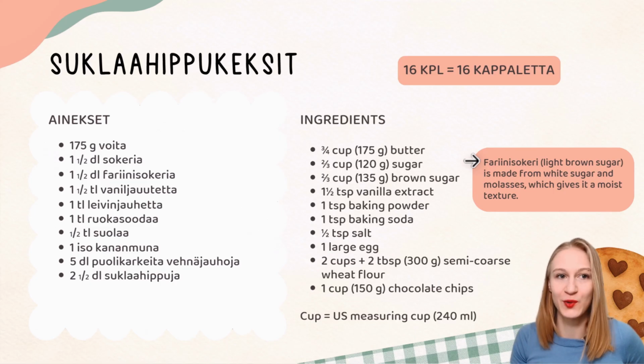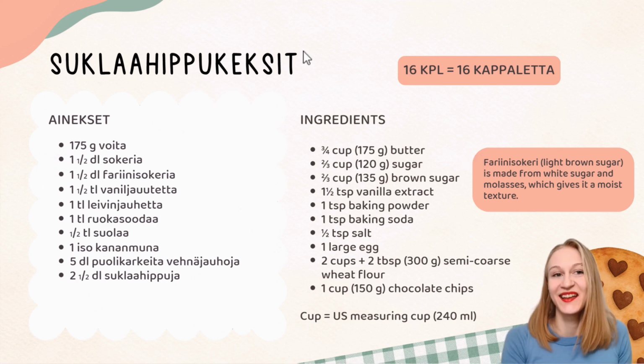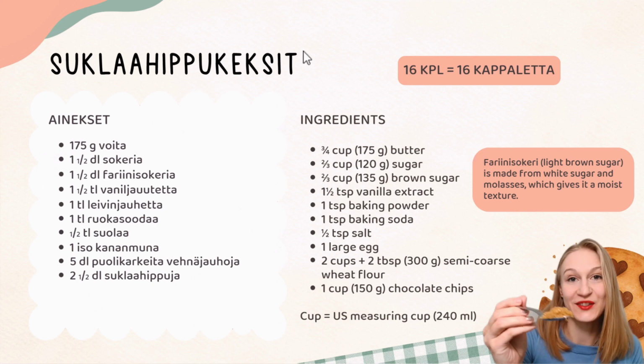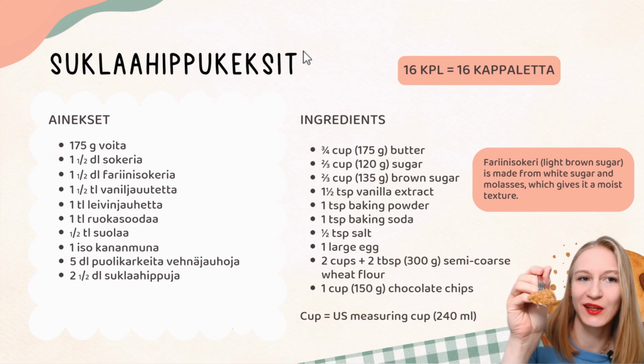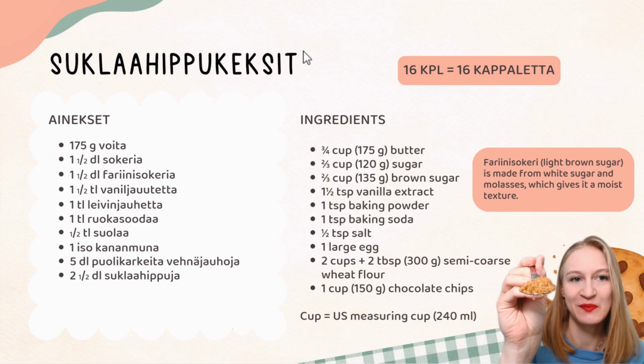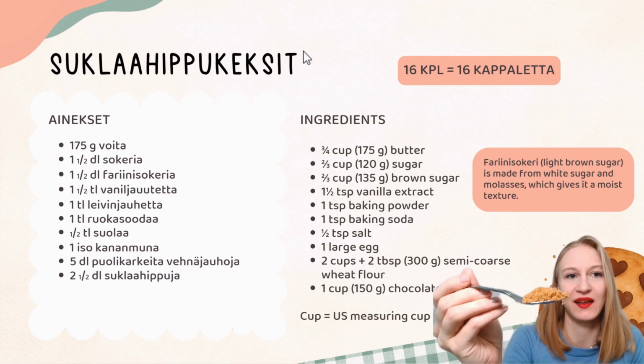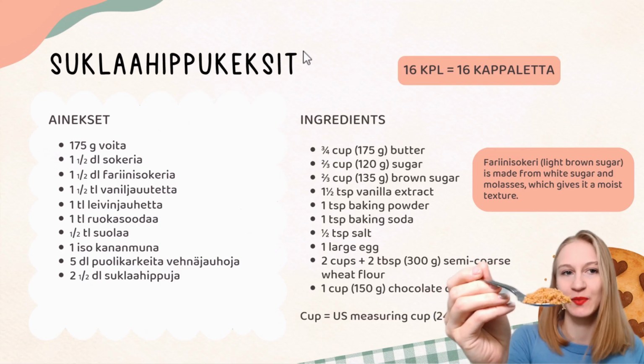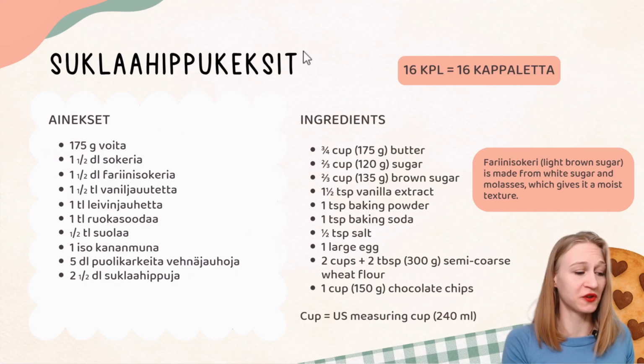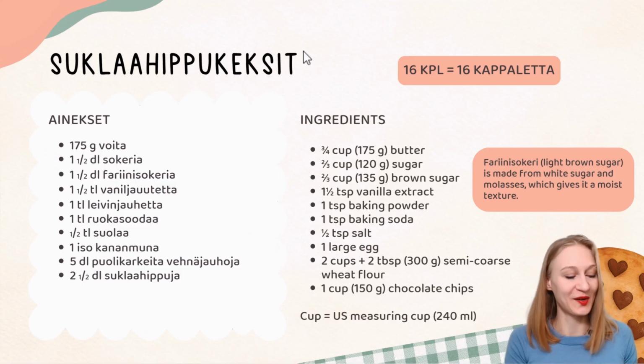I'm gonna show you what fariinisokeri looks like. So alright, here we have fariinisokeri. It's pretty sticky looking. Yeah, brown, but pretty sticky, like as if it had some syrup in it as well. And it's really good for cookies, apparently. At least the cookies that I tried with this recipe came out pretty well.